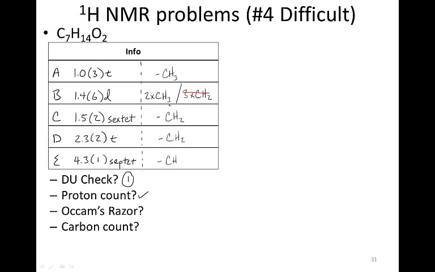Another explanation, though, is that we could theoretically have a 7th carbon that simply doesn't have any hydrogens attached to it. And if that's the case, there would be some kind of scenario where we could have this carbon with 4 groups that are not hydrogen, or we could potentially have a carbon with a double bond, which might work out since we have a DU of 1.